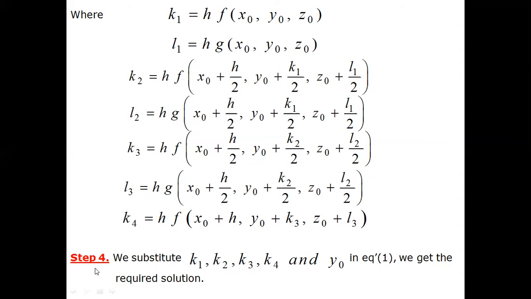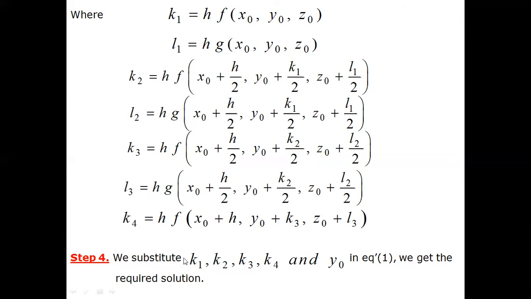And finally in the last step, step 4, we substitute k1, k2, k3, k4 along with the value of y naught, the initial value, in equation 2, it is not 1, equation 2, we get the required solution.